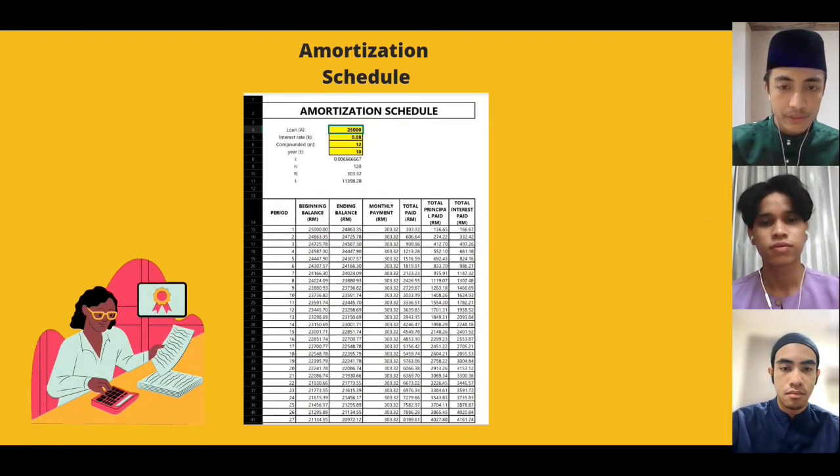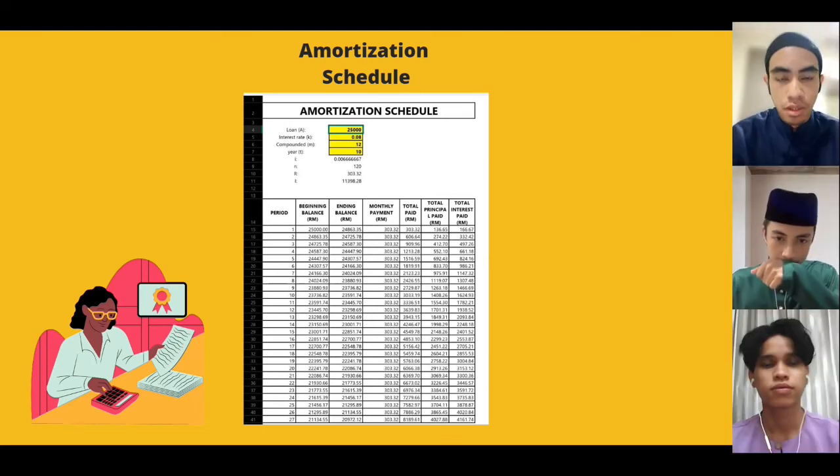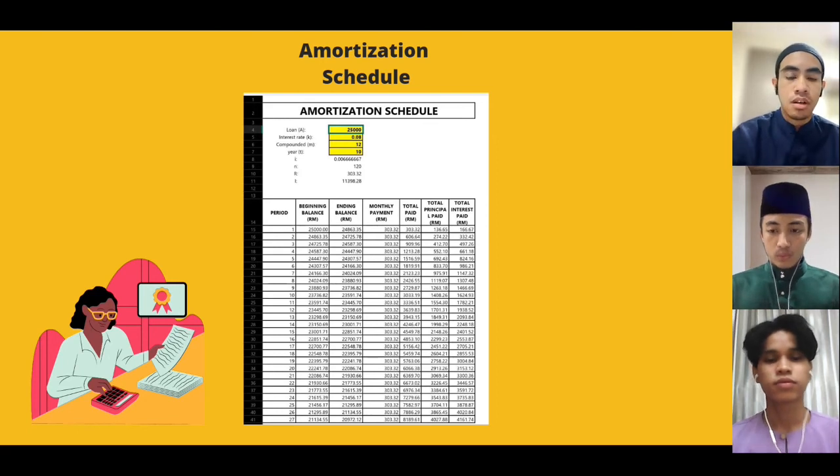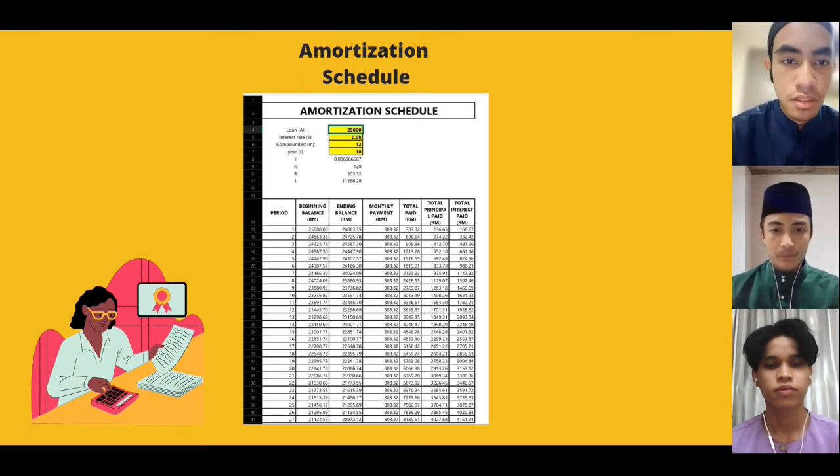My friend Daniel will be explaining the amortization schedule. I will explain a little bit about the amortization schedule. After we calculate the loan, the interest rate, compounded, and the year, we can straight away put the figures into the equation.